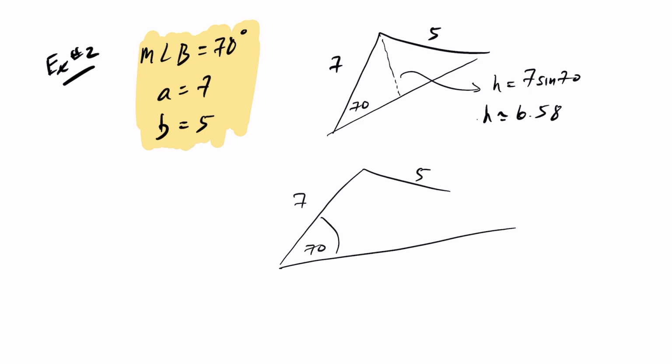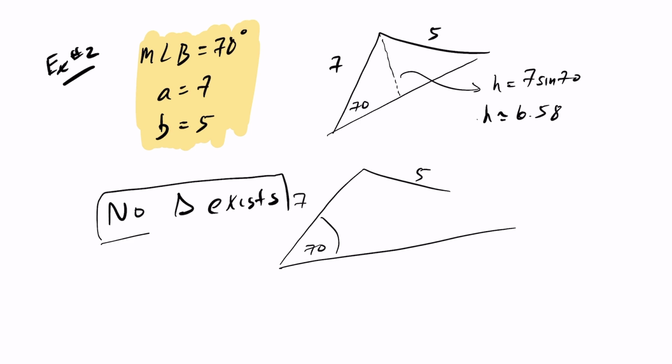This leg of the triangle is not long enough to connect. So again, I tried to draw this triangle, and it's not even possible to create, so no triangle exists in this case. Sometimes I can be given some measurements, some angles and some lengths of a triangle that are not even possible to create. All right, let's take a look at another example.